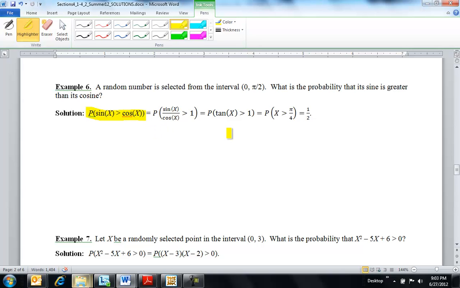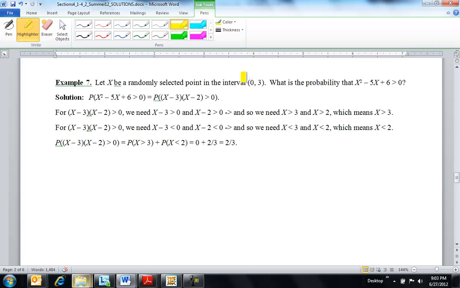If you remember your pictures of sine and cosine, this will only happen when x gets bigger than pi over 4. They're equal at pi over 4, so half the time sine x is bigger than cosine x on that interval. Here's another statement: x is a random variable in this interval. What's the probability this quadratic is bigger than 0? I have to figure out what values of x make that quadratic positive. Again, I'm switching to a statement about x's.